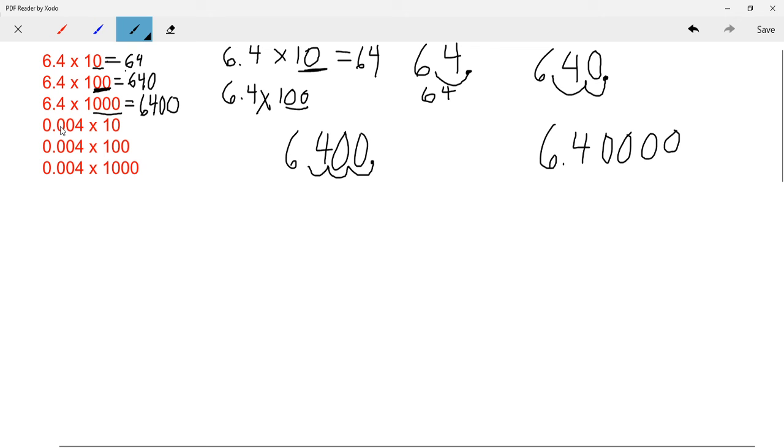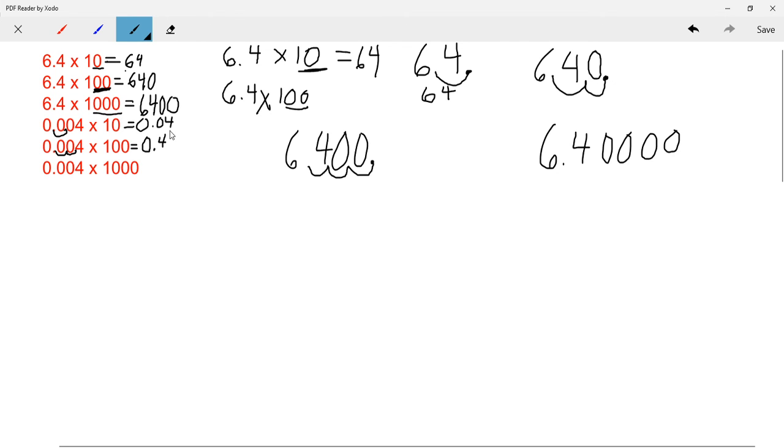Now we can do the same with this. So now I'm going to move the decimal once, and then that would be 0.04. Now I'm going to move the decimal twice, and then it would be 0.4.